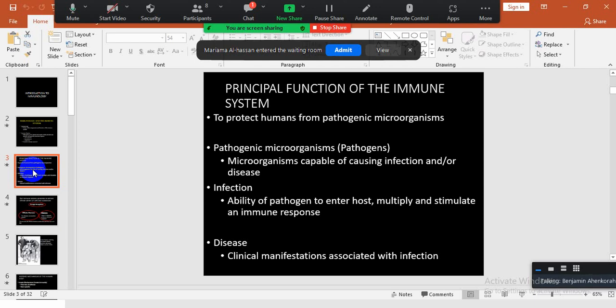An infection is the ability of a disease-causing organism or pathogen to enter into a host, multiply, and stimulate an immune response, or trigger the body to fight it. Then we have a disease. A disease or sickness is a clinical manifestation associated with any infection at all.